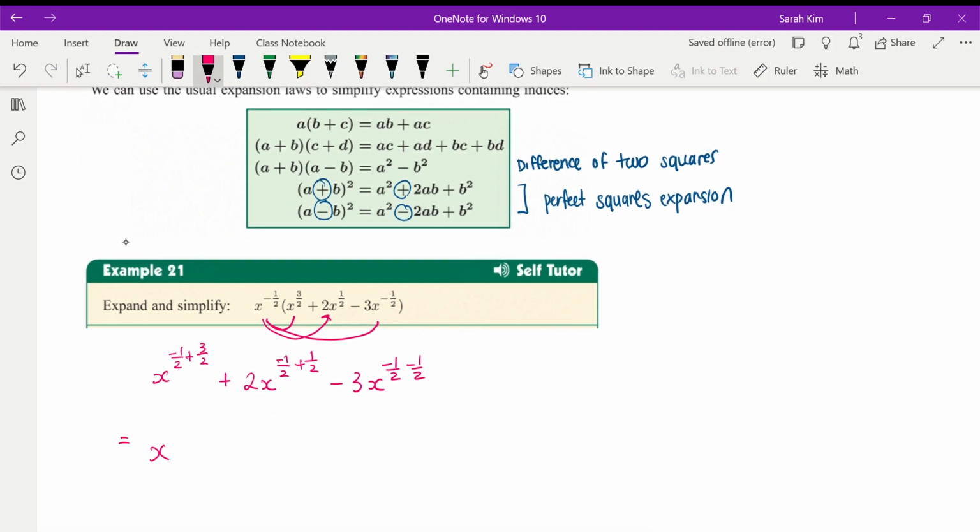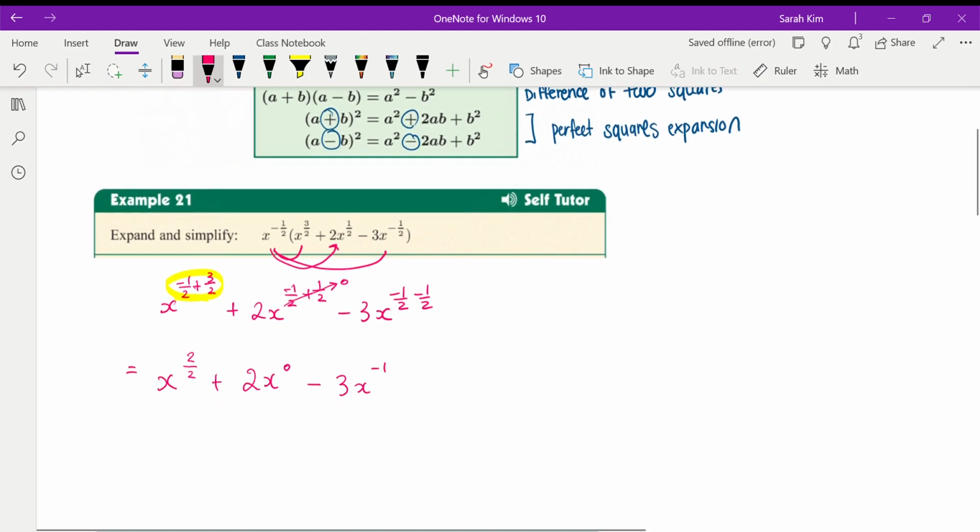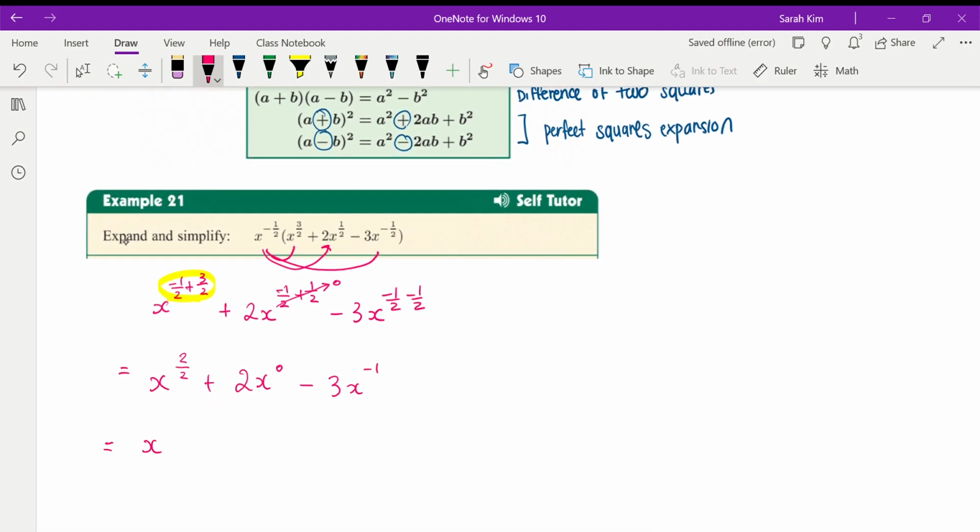You can chuck this in the calculator if you would like, but if you can add fractions, you should hopefully know that it turns into 2 over 2, which is 1, but we'll do that next. 2x, and then this cancels out to 0, so x to the power of 0. And then this one turns into a half take a half, which is a minus 1. So we can simplify it a little bit further. So that's x to the power of 1.